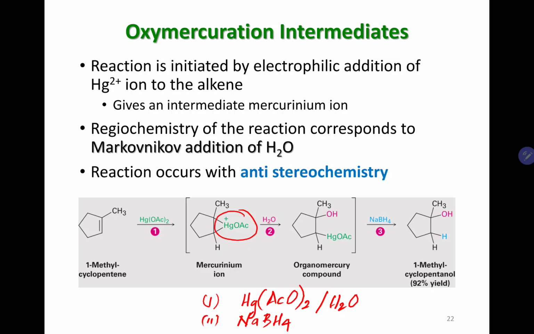So that is why this reaction behaves with anti-stereochemistry. So the actual product that you get should have the OH group, let's say, on the dash, and then the hydrogen on the wedge. That is how you show anti-stereochemistry.